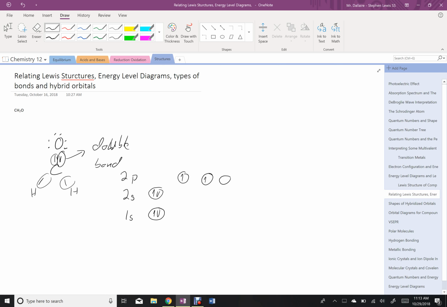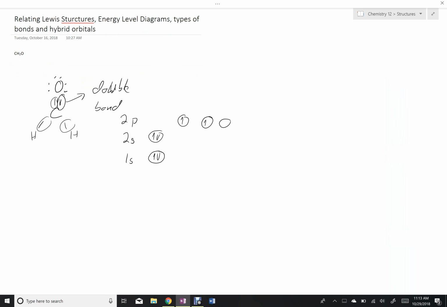So we need to promote an electron, and we need to change our orbital shape so that all the single bonds appear the same. So first of all, let's imagine the first step in our hybridization process, promoting an electron, and then let's consider the changing shape.